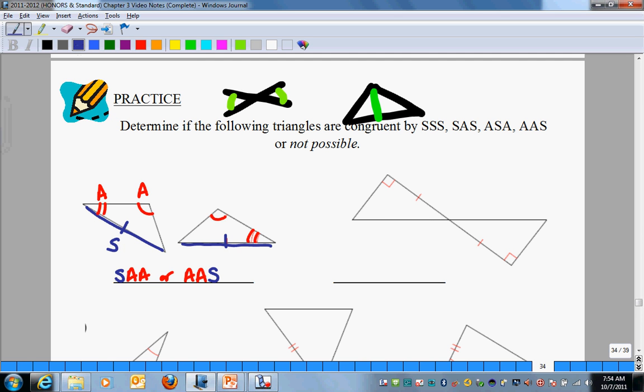Taking a look at the right, let's start by retracing what we have. We have a pair of congruent right angles, so retrace those and put an A for angles.